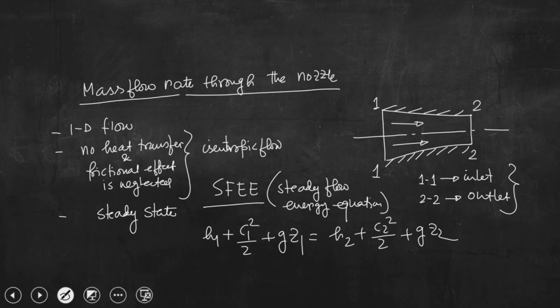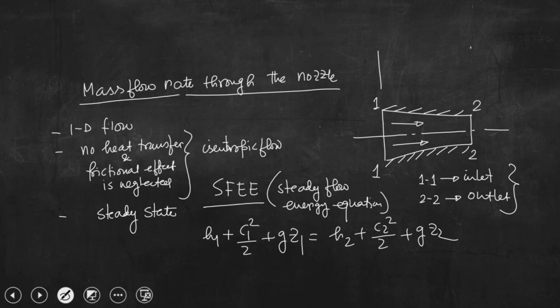You can argue that we need some work to maintain the flow in the presence of pressure, but that work done is already taken into account in the enthalpy term. So, what we can write, if we assume that the nozzle length is very small.